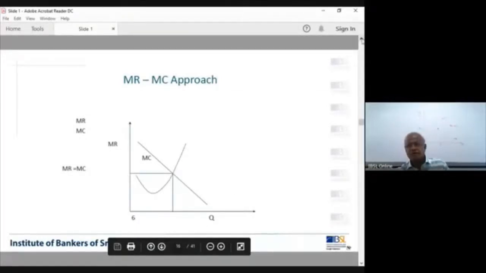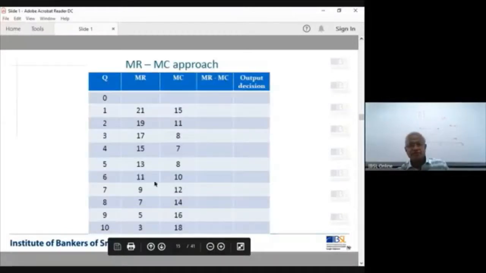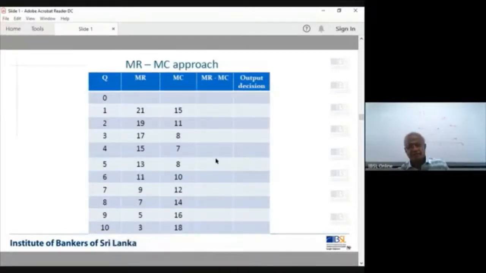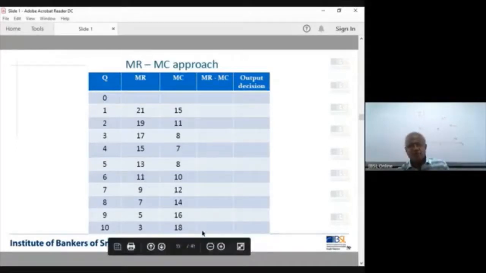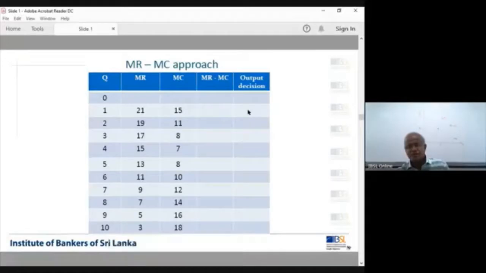Now, mathematically, we can say at 6, the marginal profit we calculated increases up to 6. At 6, marginal profit is 1. After that, marginal profit starts falling. The output decision is to increase the output level from 1 to 2, 2 to 3, 3 to 4, up to 6.